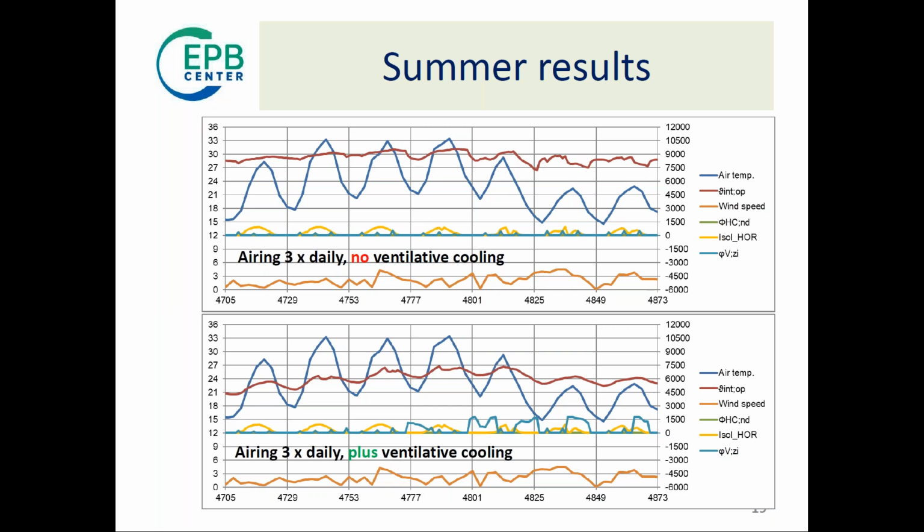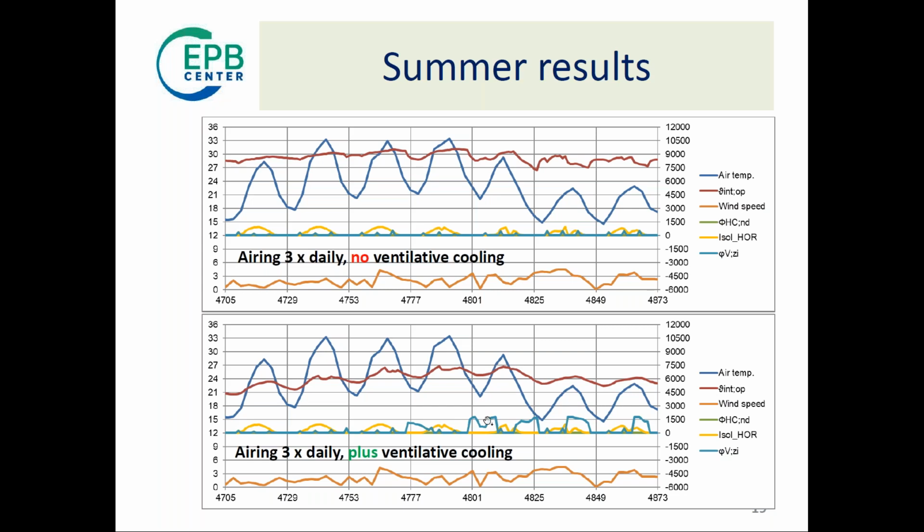Then on the lower plot, as opposed to the upper one, there is ventilative cooling applied, in addition to the 3 times daily airing. And what you can see here is an increased ventilation rate. But it goes up and down. It's not constant.